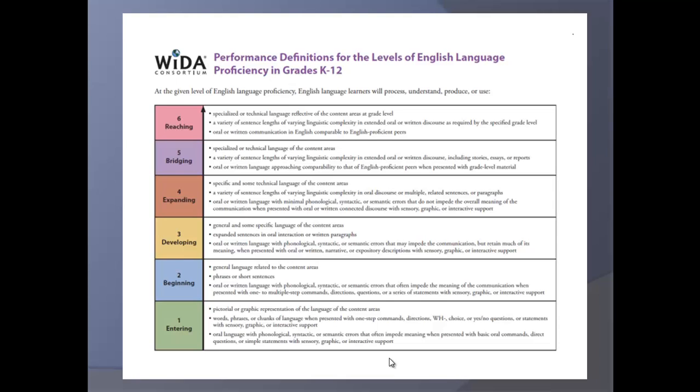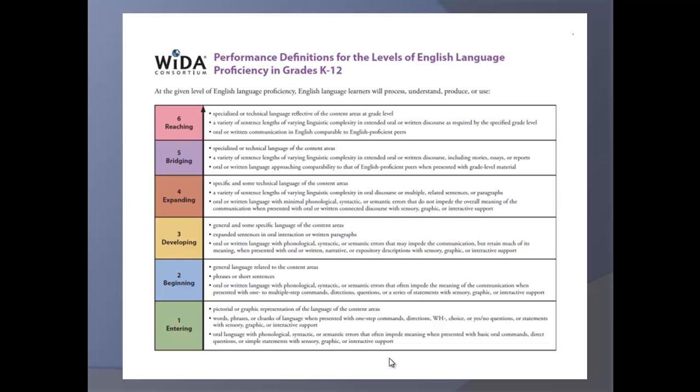These are just some things that help the teacher know that at this given level of English language proficiency, the English language learner will be able to process, understand, and produce these things.